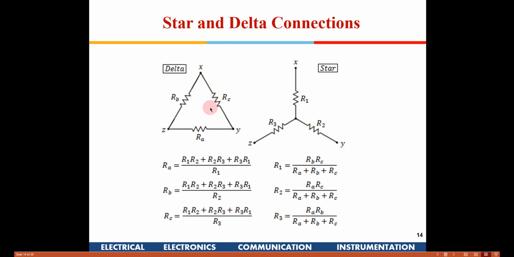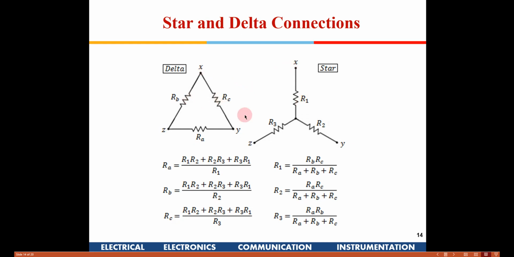So this is a delta connection. Now if I have to convert it into star, then what should be the value of R1? R1 will be given by RB into RC divided by RA plus RB plus RC. If you see here, RB and RC are the two corresponding arms of delta meeting at the same node.